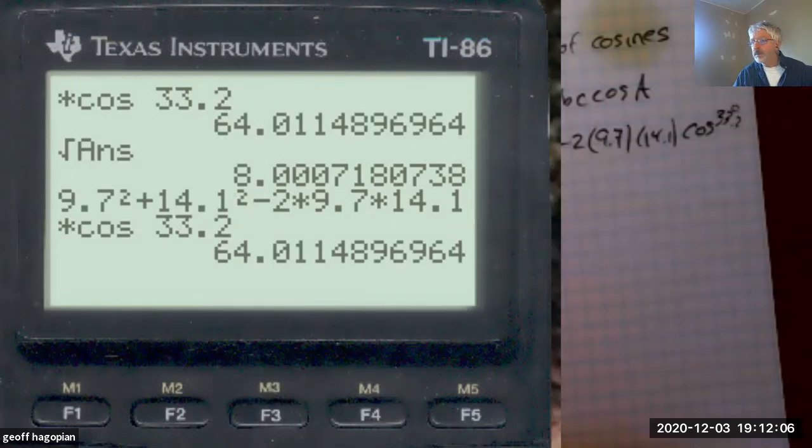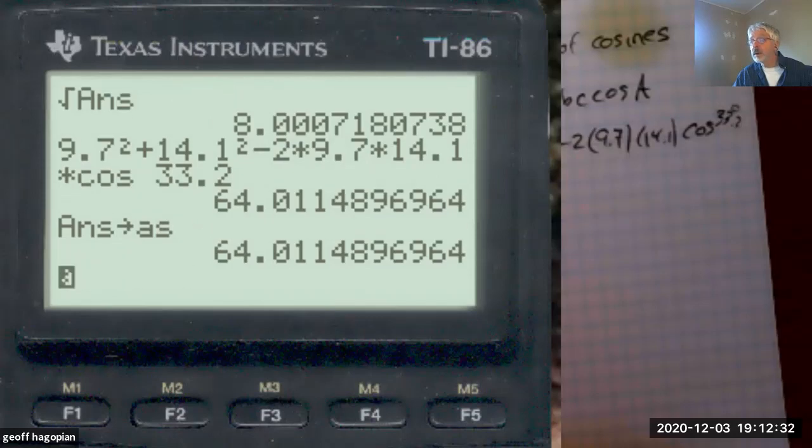Let me store that in the variable name AS, short for A squared.